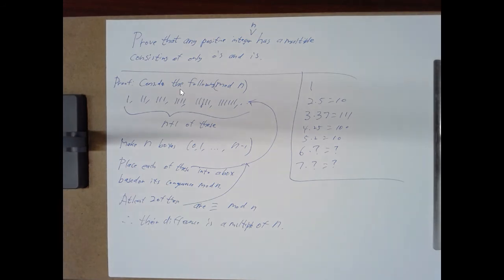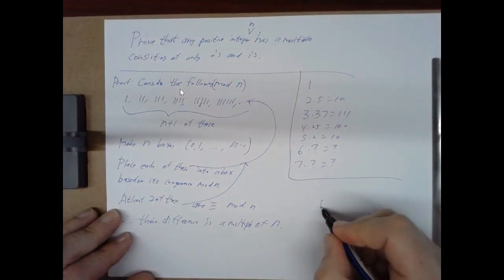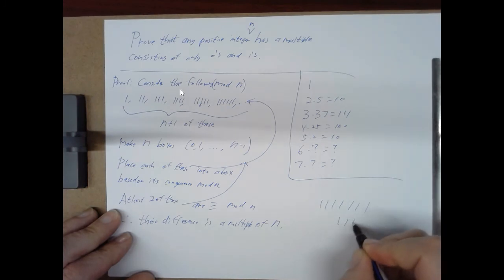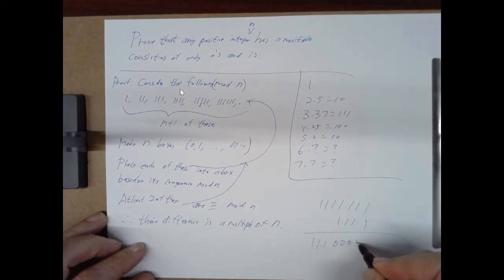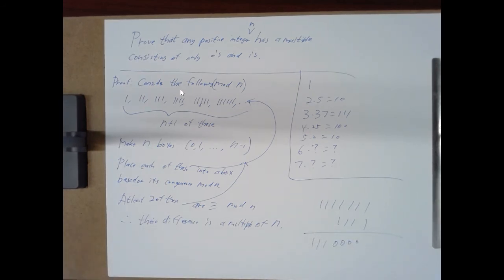And if we take these two numbers and subtract the smaller one from the larger one, what do we get? We get a bunch of 1s followed by a bunch of 0s. And that is a multiple of n. And that's your result.